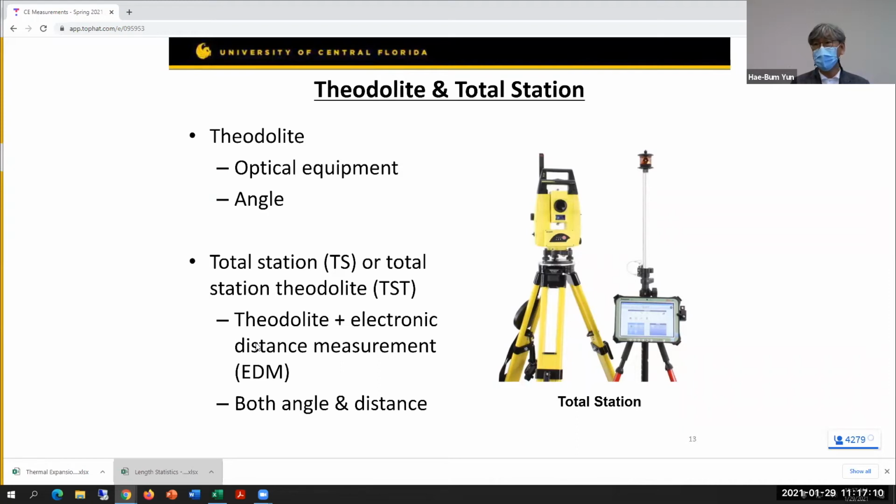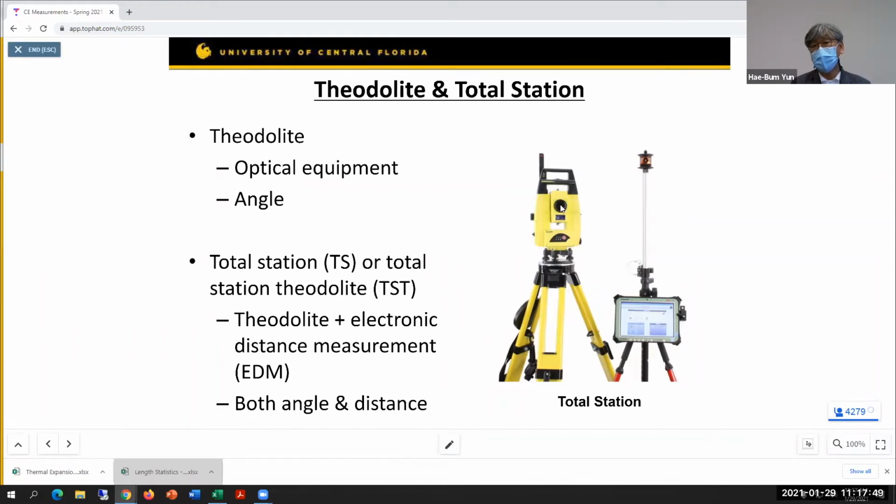How many of you have heard about a total station? A total station is very popular in land surveying projects. It consists of this theodolite and this pole, okay? The angle is measured with the theodolite, with this optical device, but it is also integrated with electronic distance measurement, called EDM.